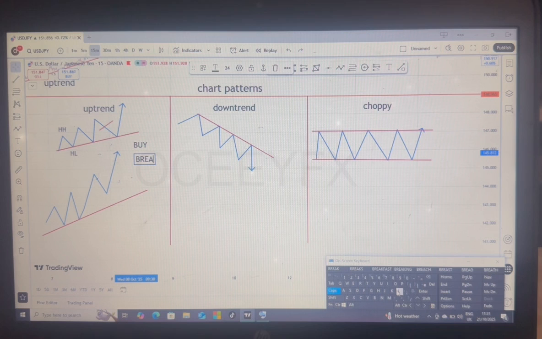You must see a break of structure. We call it BOS too. You can call it BOS, let me just write it in full, but in short it is BOS. Let me reduce this font.